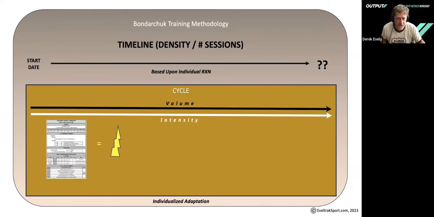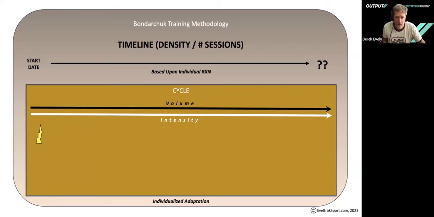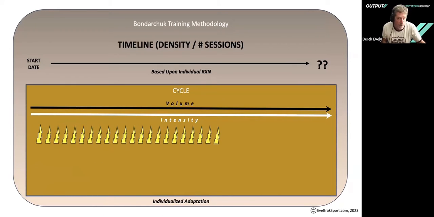And when we start a cycle, and in particular, when we first start working with an athlete, the first time I worked with Nia, I wrote her a program that looked something like that. I based it all on my experience and what I've done with other female hammer throwers. And we take that and we apply it. They do it, but then we just keep doing it over and over again.